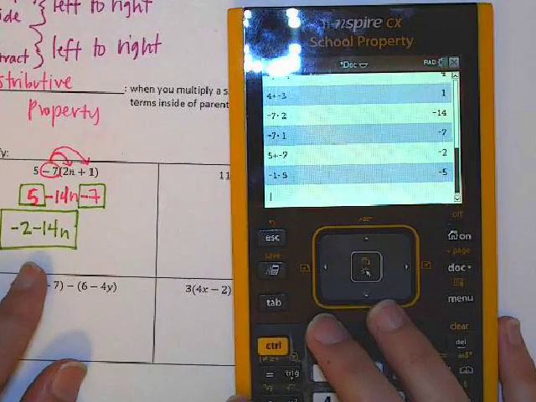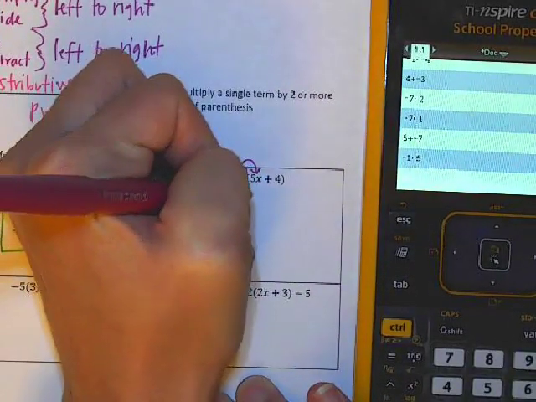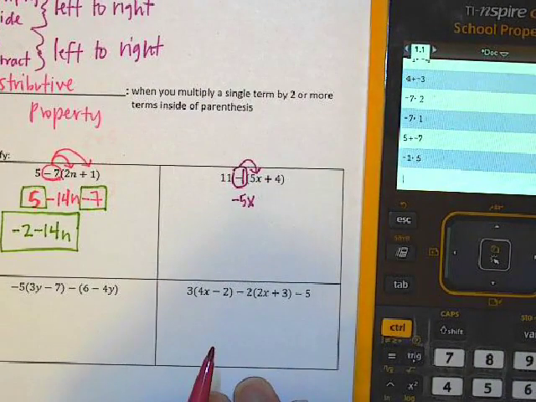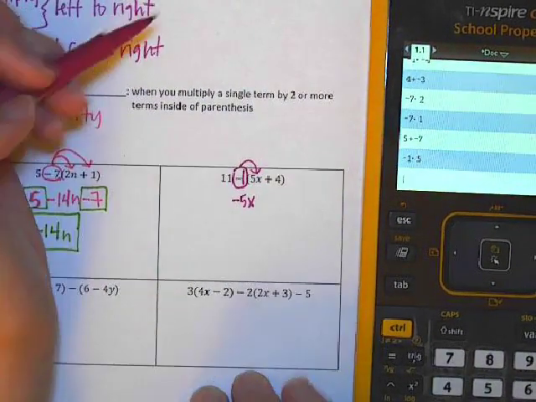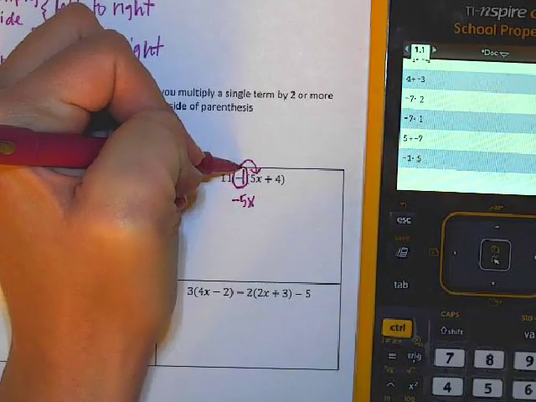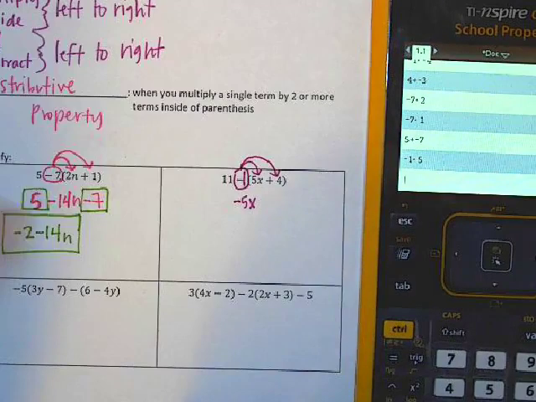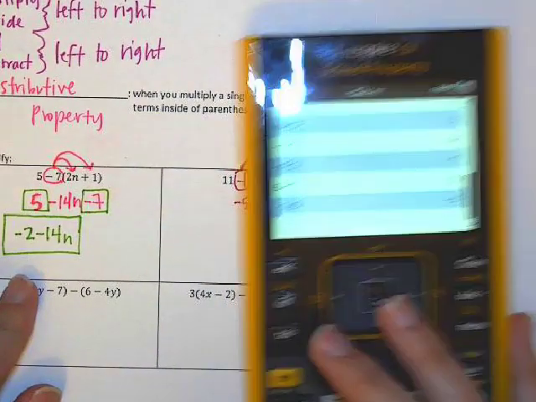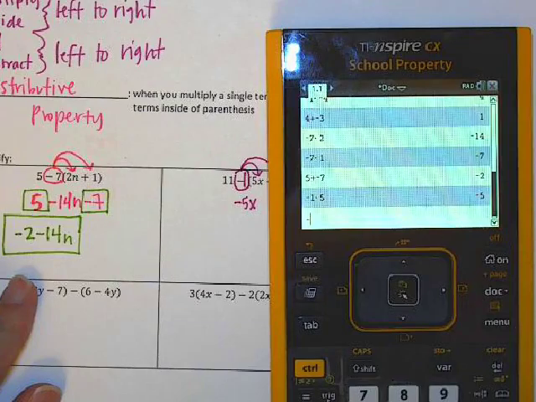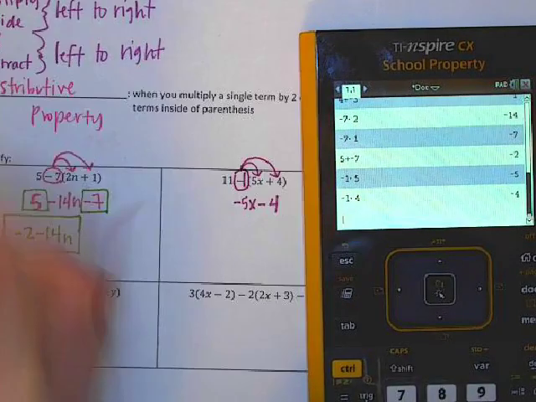Negative 5, and it has to have an x. And then I take that negative 1 and I'm going to multiply it to the positive 4. So now I've got negative 1 times 4, which gives me negative 4.